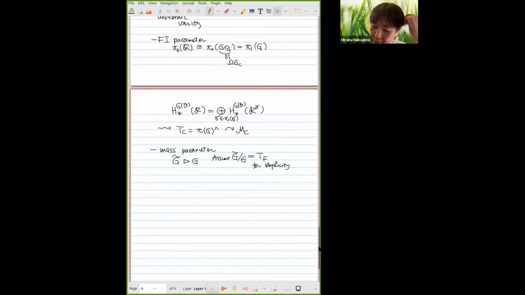Then we replace G by G tilde in the above construction.